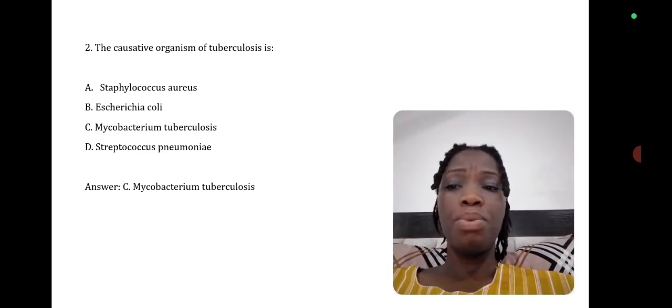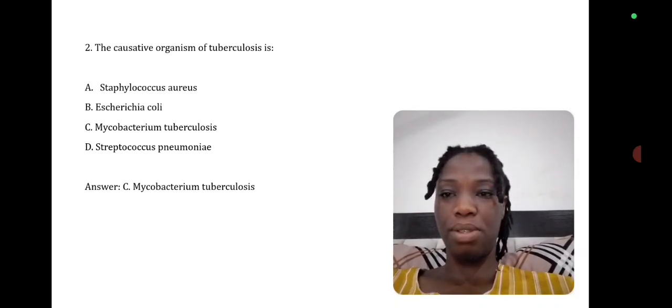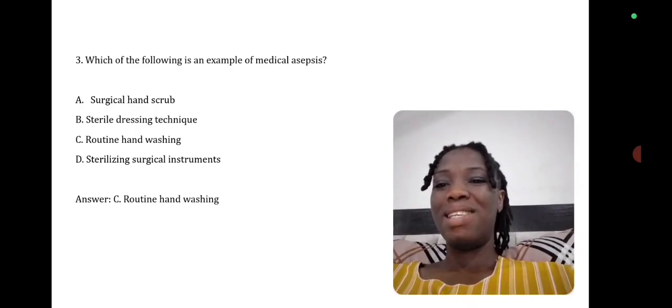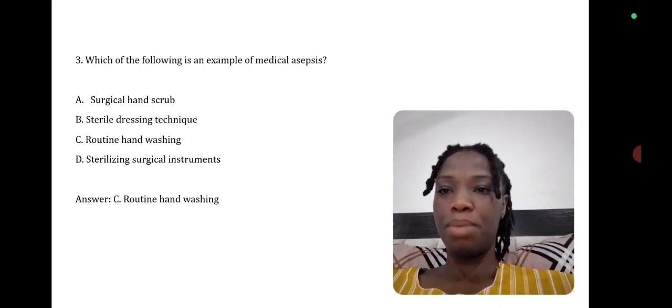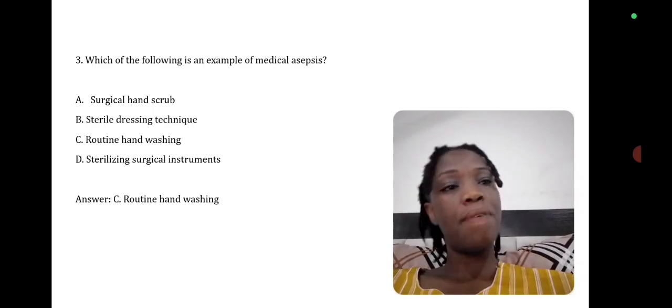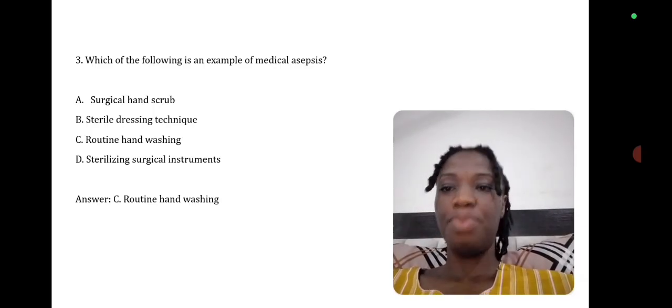So when you see options, try to rule out the odd ones and try to see the one that is similar to the question. Question 3. They say which of the following is an example of medical asepsis? Asepsis are ways that you use to reduce or eradicate microorganisms and their spores.